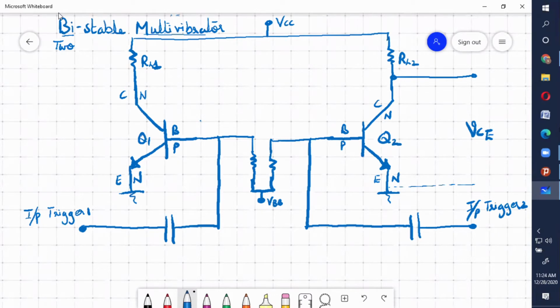It is the output I'm taking between collector and emitter, VCE2. Similarly, I'm taking output from this point also, which I'm calling VCE1. Clear, students? Have you finished copying that?